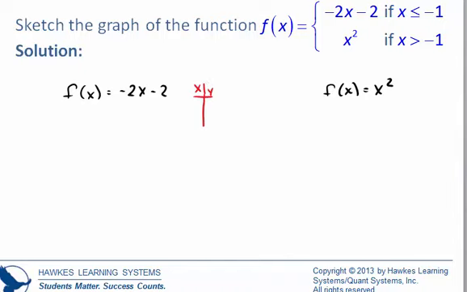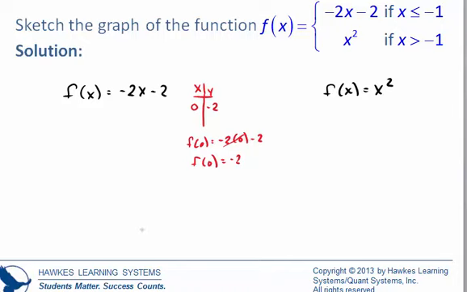It's going to graph a line. I just need to know where to put it. So if I plug in 0 and evaluate f of 0, I'm going to have negative 2 times 0 minus 2. The negative 2 times 0 will fall out, leaving me negative 2 for an answer.